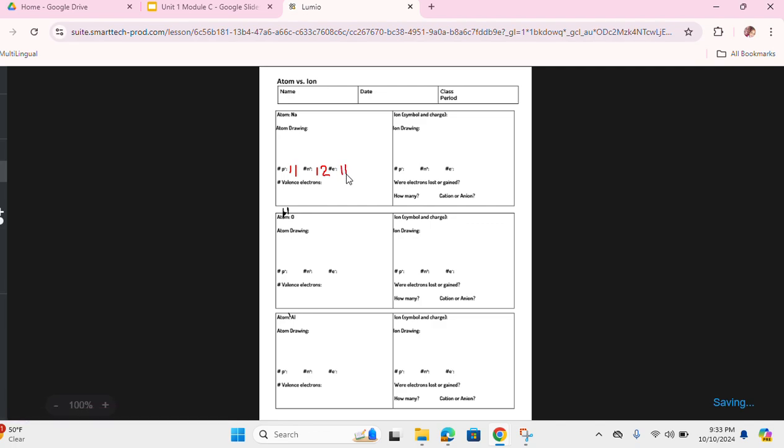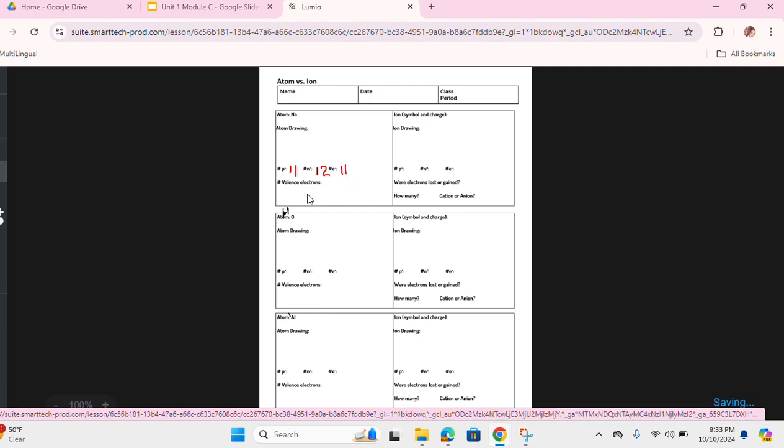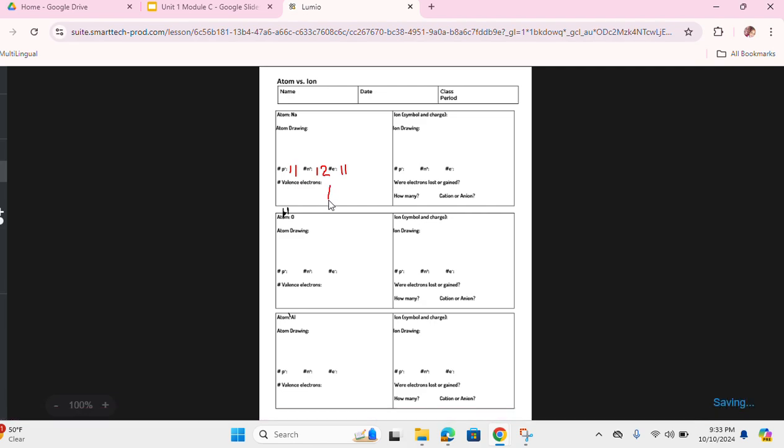So we have 11 electrons. If we were to draw our Lewis dot structure, we would have Na, which represents our sodium, and then we have one dot on the outside.